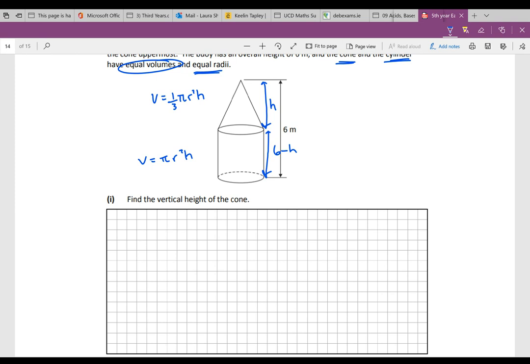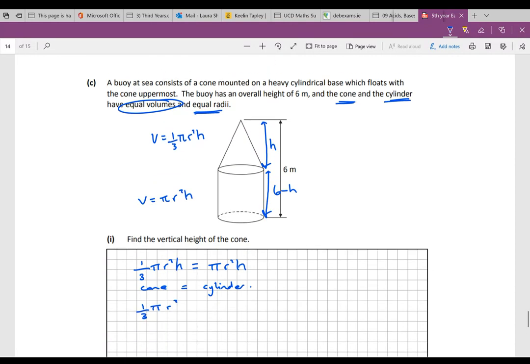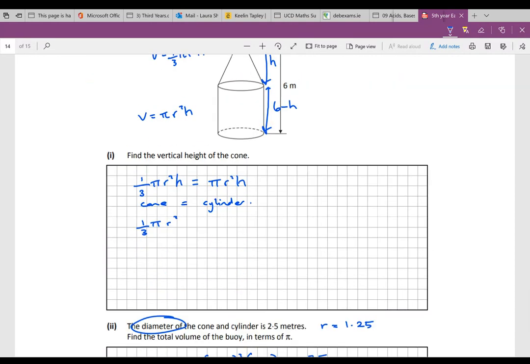Now remember, their volumes are equal. So you've got the cone, which is a third pi R squared H, has to be equal to pi R squared H for the cylinder. So I've got a third pi r squared, I don't know what the radius is, by h for the cone.